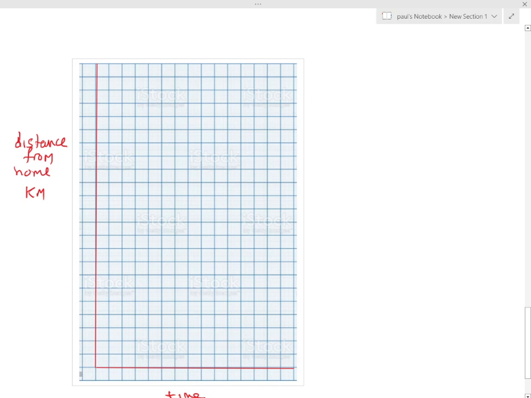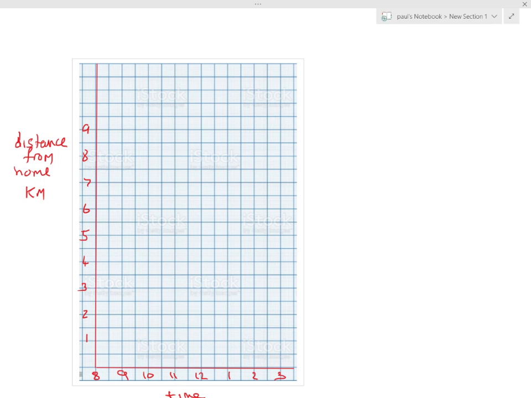Again, we change the scale now. 8, 9, 10, 11, 12, 1, 2, 3. And 1 kilometer, 2 kilometers, 3, 4, 5, 6, 7, 8, 9. That's far enough.